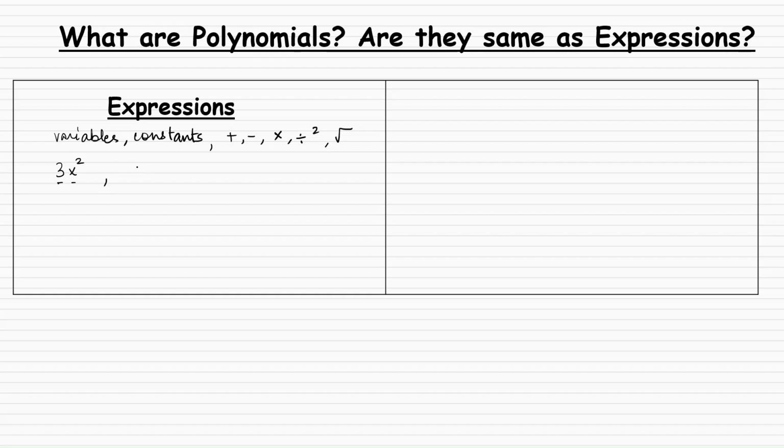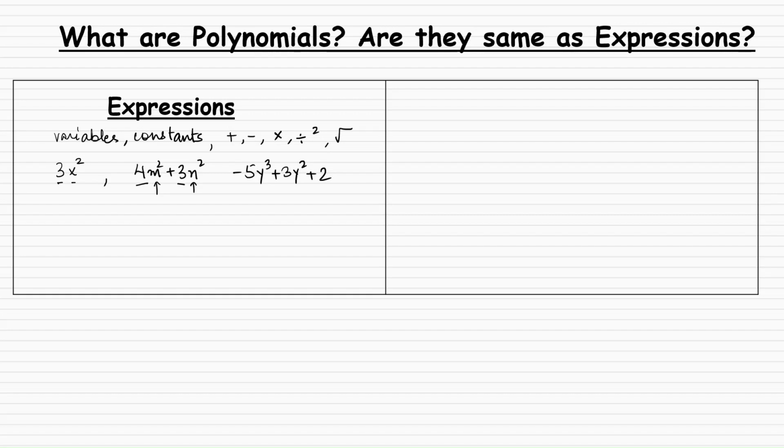Another example, 4m square plus 3n square. It is also an expression because it's a combination of constants 4 and 3, variables m and n, and some squares, and both these terms are getting added. Similarly, this is also an expression.